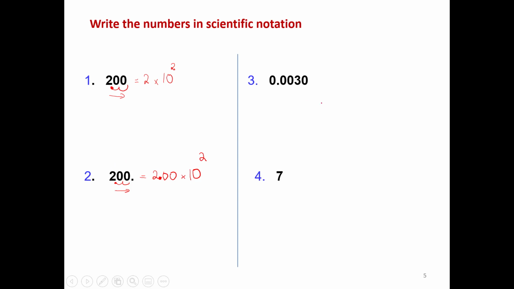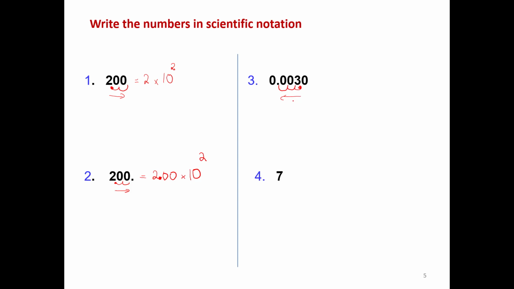Let's try the third problem. Then we want the decimal point here. Then how many places do we need to count? 1, 2, 3 toward the actual decimal point. We move to the left. Then we know the exponent must be negative. But we know this number is less than 1. It's a small number.